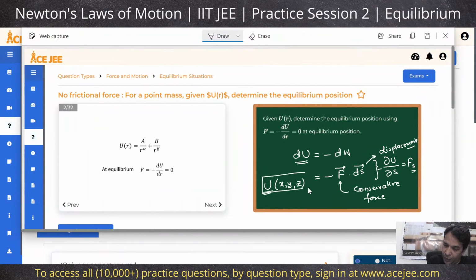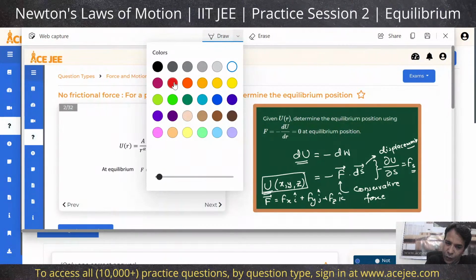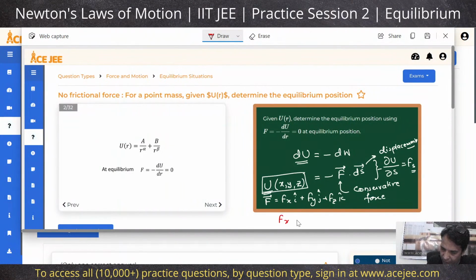If you are given the potential energy function as a function of x, y, and z, then your force, which will be Fx i cap plus Fy j cap plus Fz k cap, has x component obtained by differentiating U with respect to x only, and then substituting the values for x, y, z. Then Fy is minus del U by del y, and Fz is minus del U by del z.